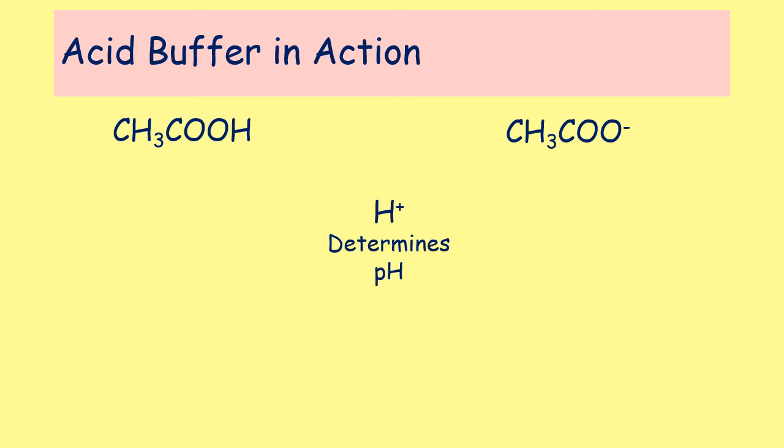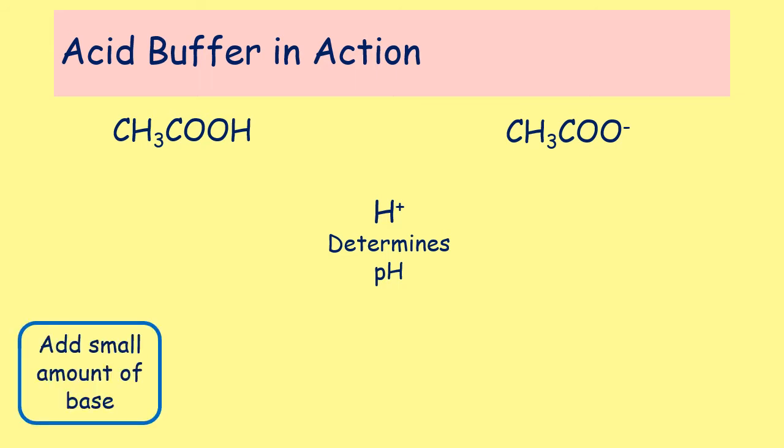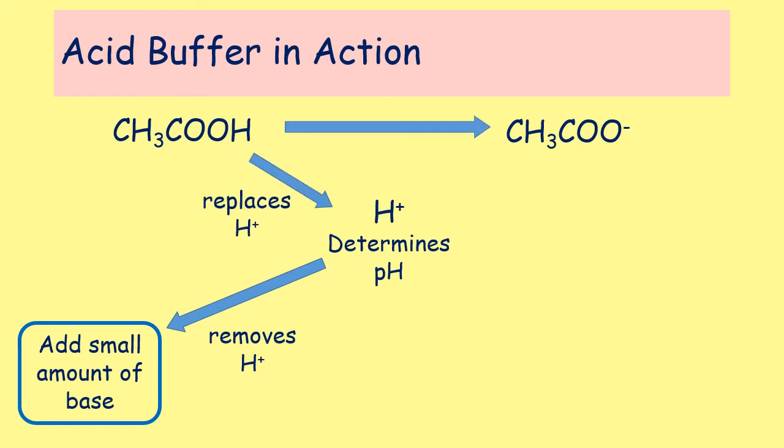Now, how does this work? Well, if we add a small amount of base to the solution, small amount of base or a small amount of alkali if it's soluble, what that is going to do is it's going to remove some of the H plus ions. And if we're removing that, remember that pH is dependent upon that H plus or H3O plus concentration, and we need to keep that constant.